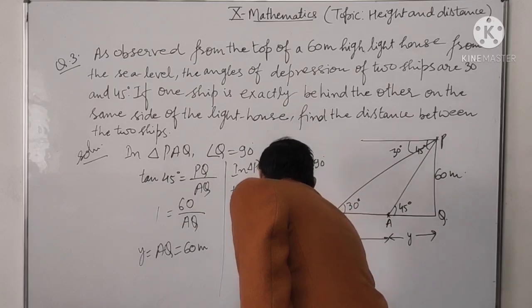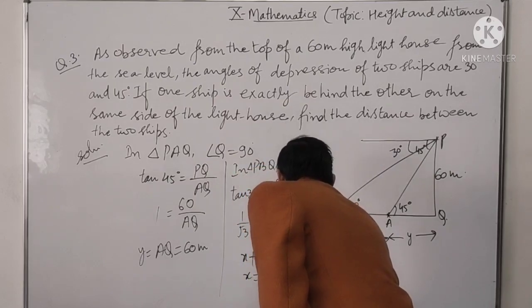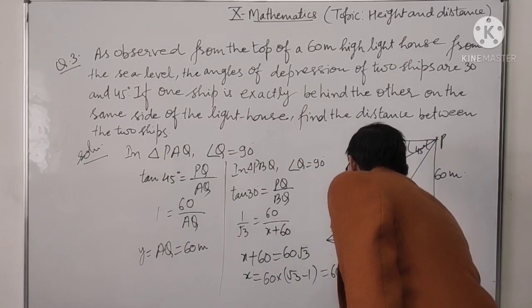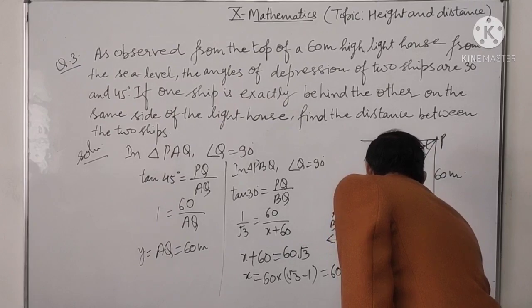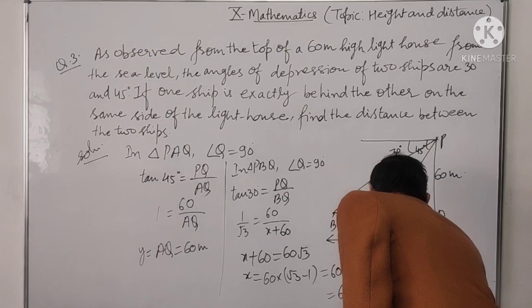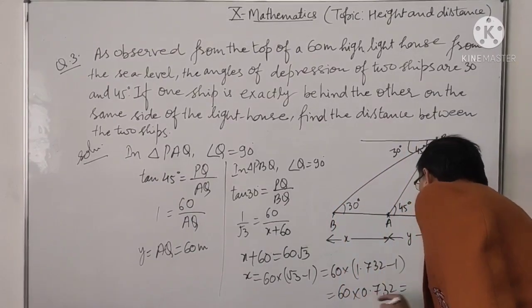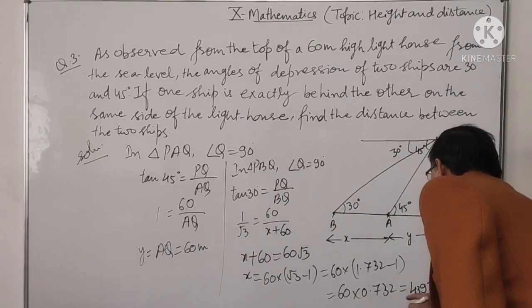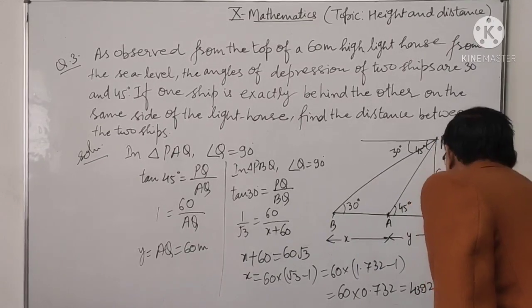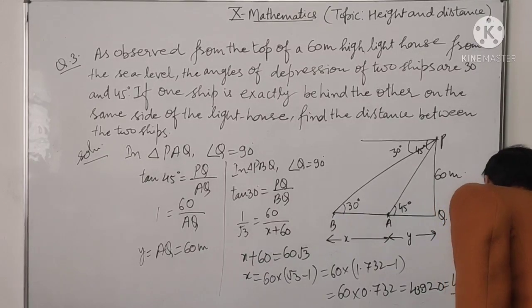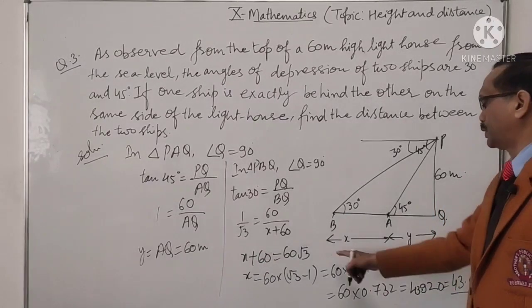Then x equals 60 common, root 3 minus 1. Then 60 into 1.732 minus 1, it is 60 into 0.732. So this distance is 43.92 meters. This is the distance between the two ships, which is x.